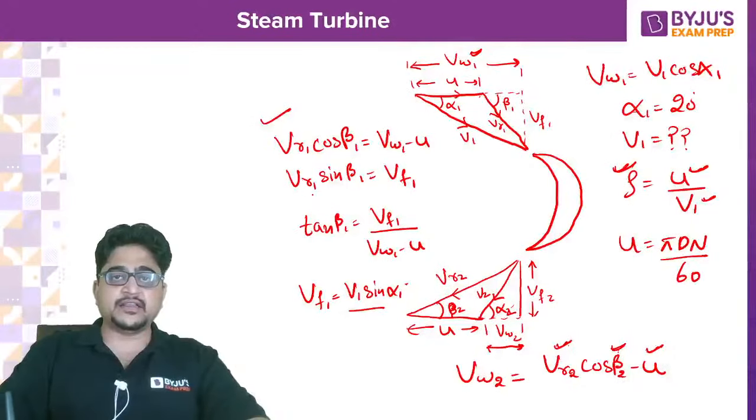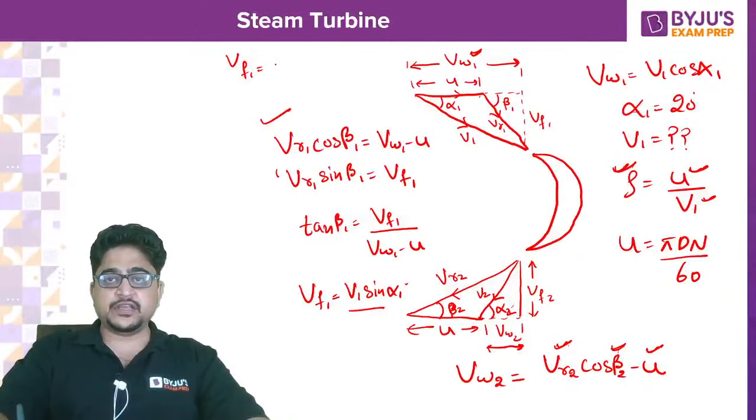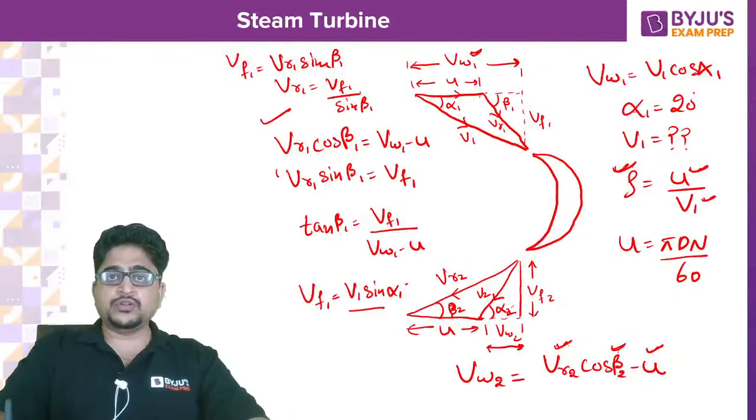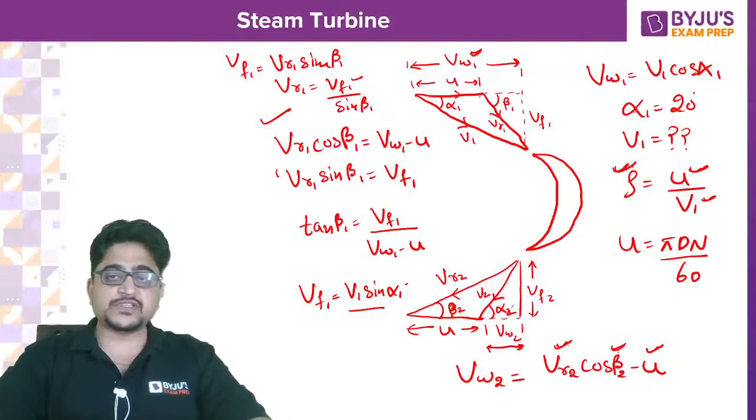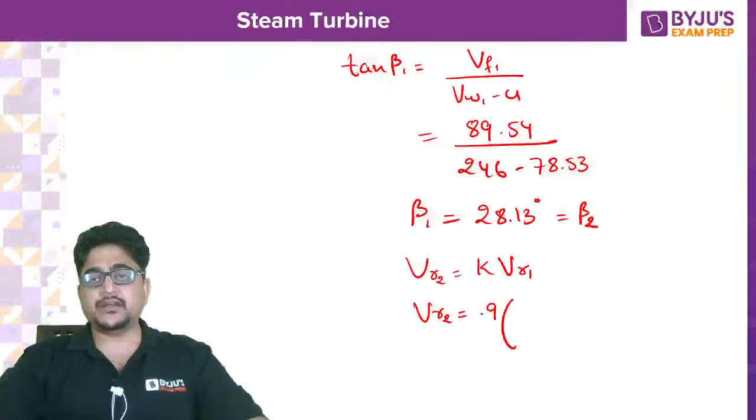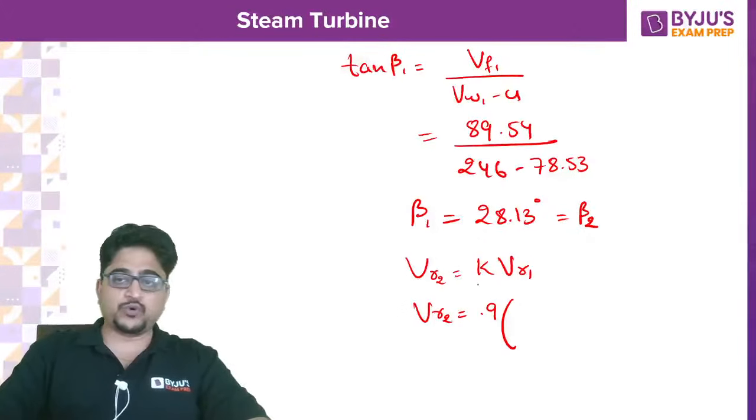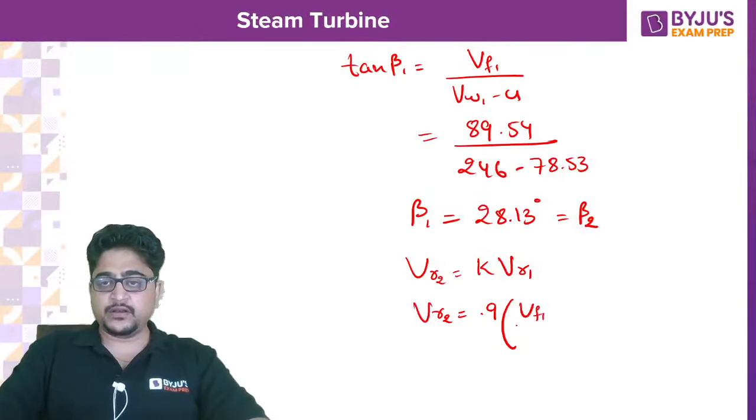Can I write it like this? Vf1 is equal to Vr1 sin beta 1. That is Vr1 is equal to Vf1 by sin beta 1. I know the value of Vf1, I know the value of sin beta 1. So Vr1 is equal to Vf1 by sin beta 1.